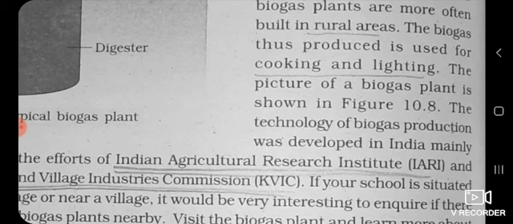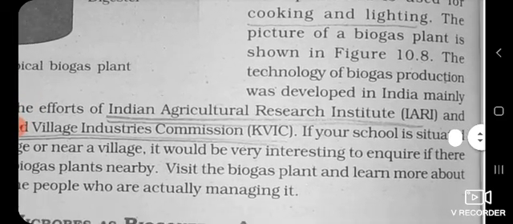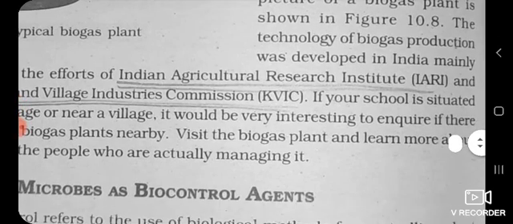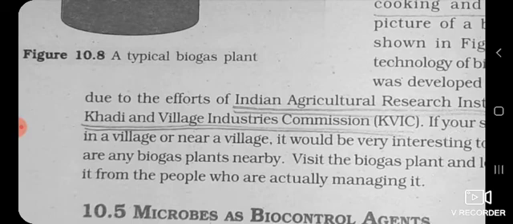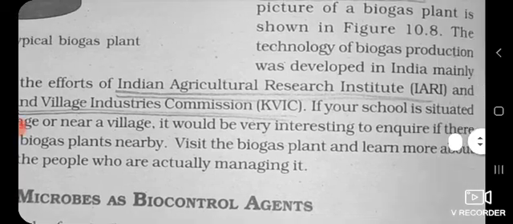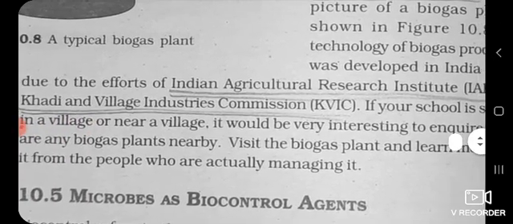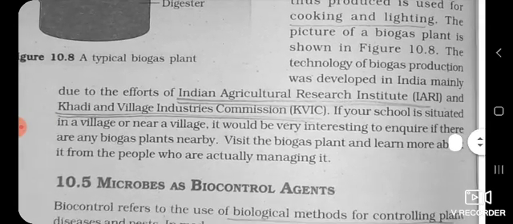The picture of a biogas plant is shown in figure 10.8. So we have seen that picture. The technology of biogas production was developed in India mainly due to the efforts of the Indian Agricultural Research Institute and the Khadi and Village Industries Commission. So these two points are very important. Who developed this technology of biogas production in India?